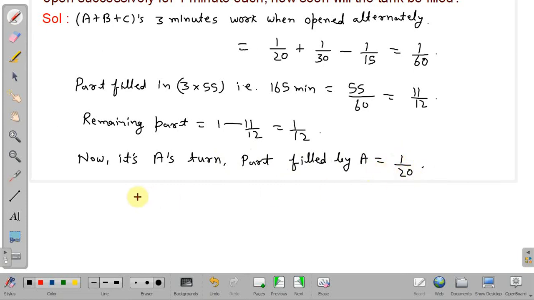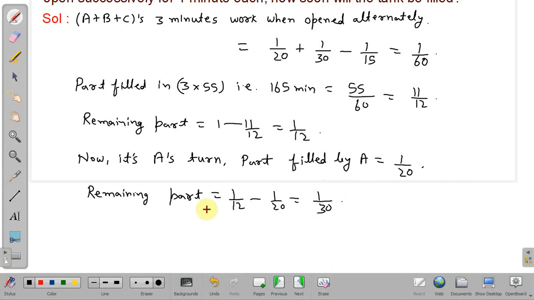So after this 1 minute, means after 166 minutes, how much part is remaining to be filled? Remaining part is 1 by 12 minus 1 by 20, and this is equal to 1 by 30. Next turn will be B's, and you can notice here in 1 minute pipe B can fill 1 by 30 of the tank, so this can be filled by B only.